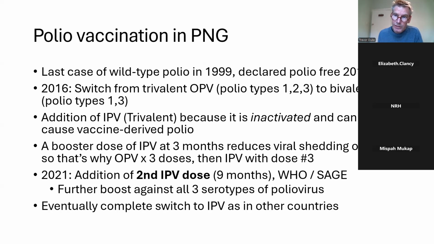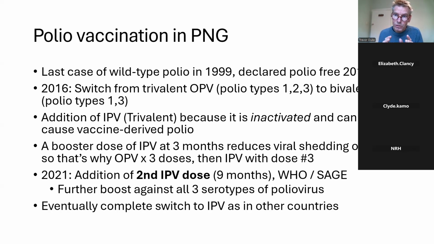We know that reduces the viral shedding of the oral polio vaccine, and so it's less likely to circulate in the community, less likely even in areas of low vaccine coverage to cause any problems at all. Remember that IPV is trivalent, so it covers one, two, and three.